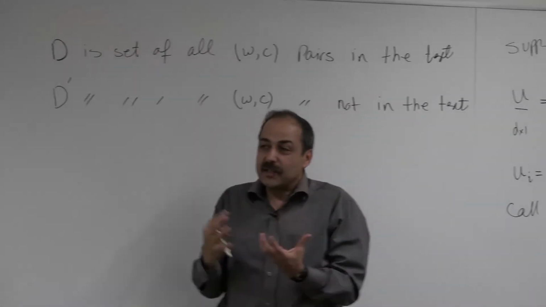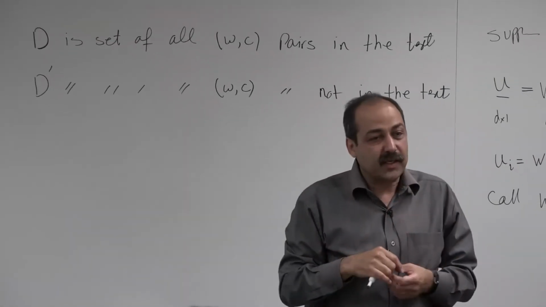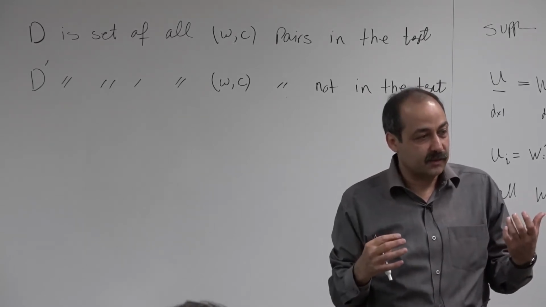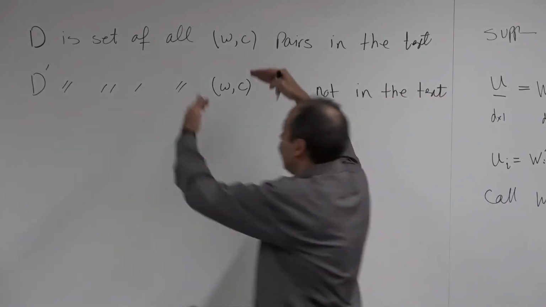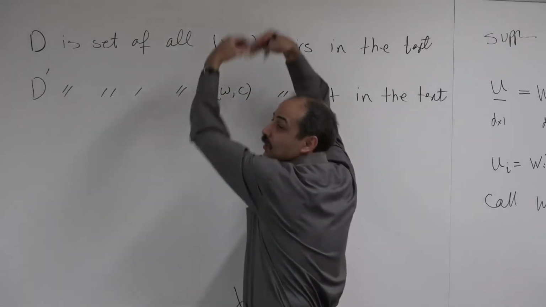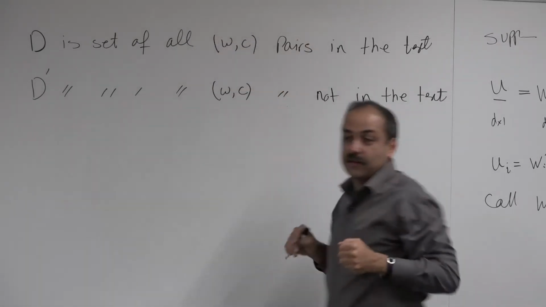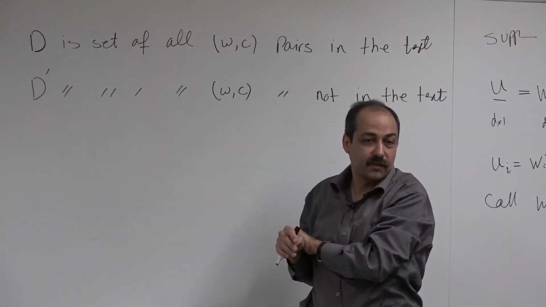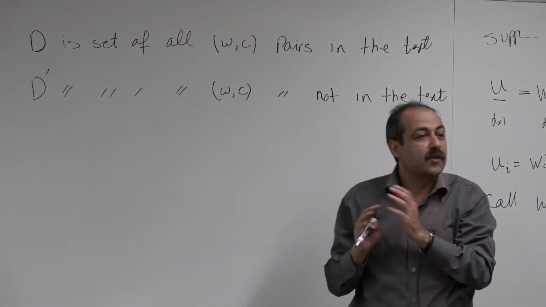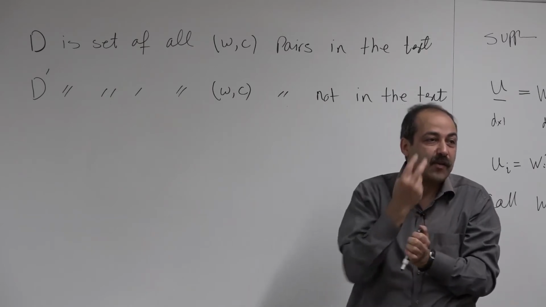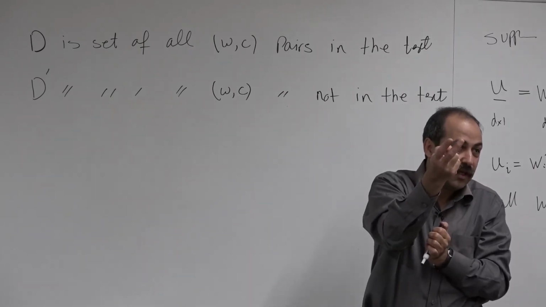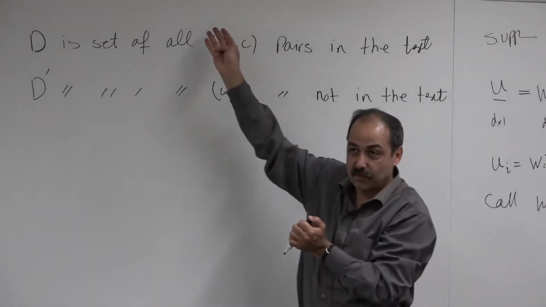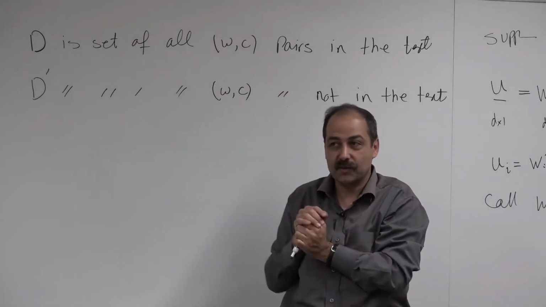Now I treat the problem as a classification problem. So I have two classes: the class of pairs that are in the corpus and pairs that are not. So suppose that I want to do classification. I want to give a pair to my classifier, and my classifier should assign a label to it. 1 means it is in the corpus. 0 means it's not in the corpus.